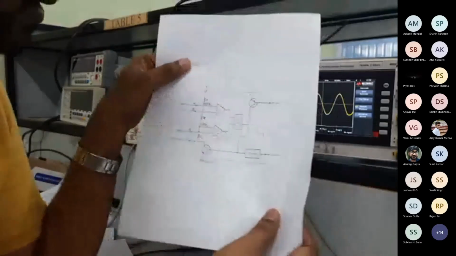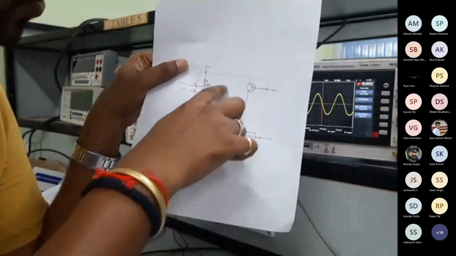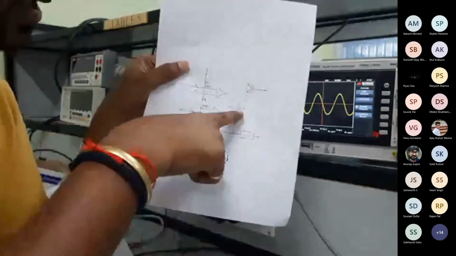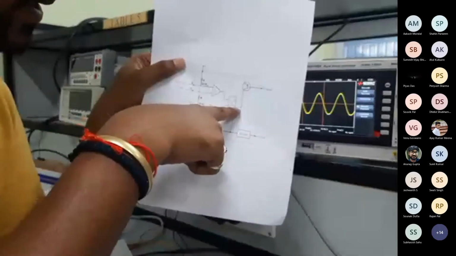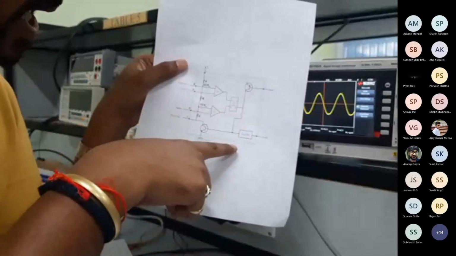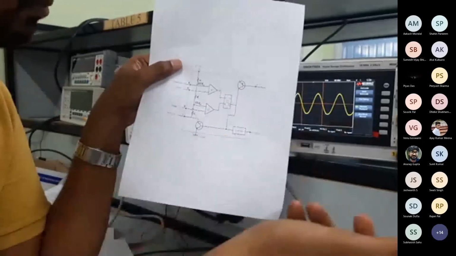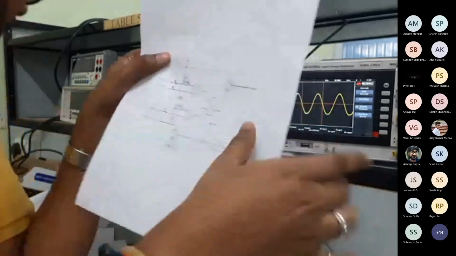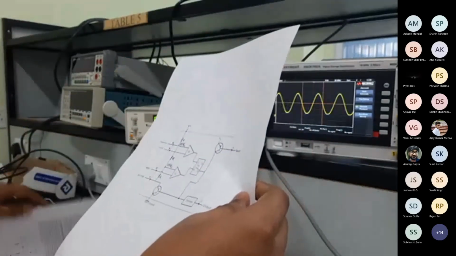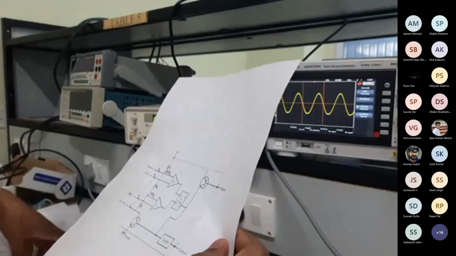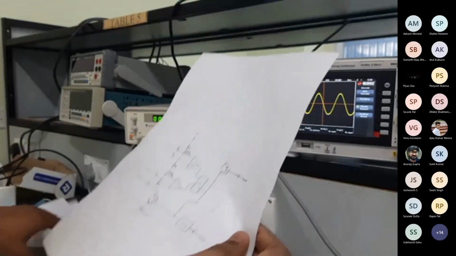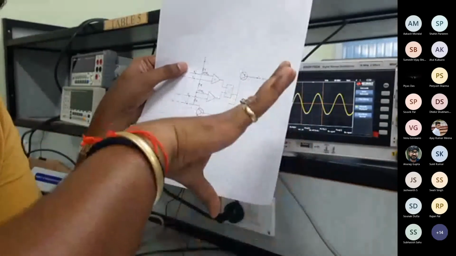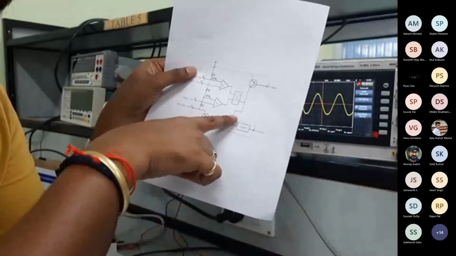If you see the structure, here are 2 comparators and their outputs are connected to the SR flip flop. The output of the SR flip flop is taken as the inverted one, that is Q bar. And here a transistor NOT gate is connected, that is the inverter, to get a stable output, I mean an independent output, which is controlled by the SR flip flop.